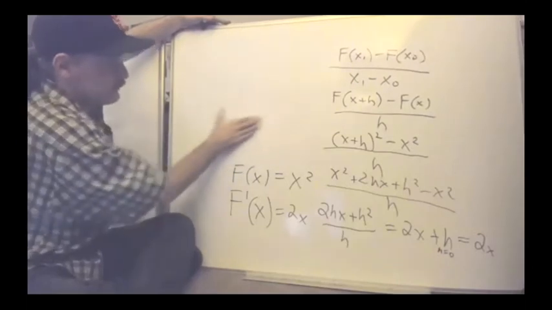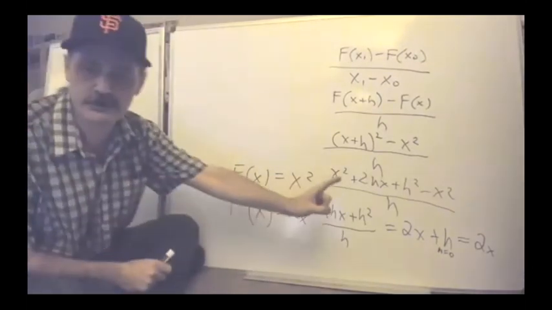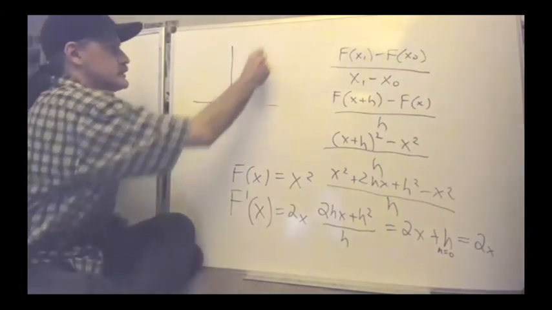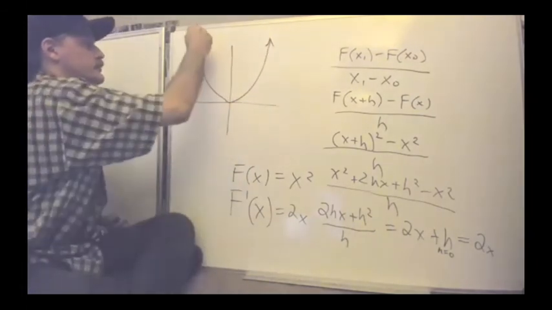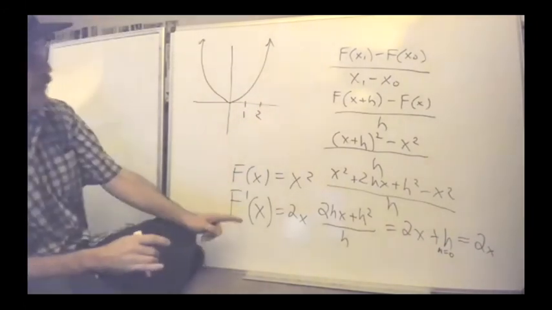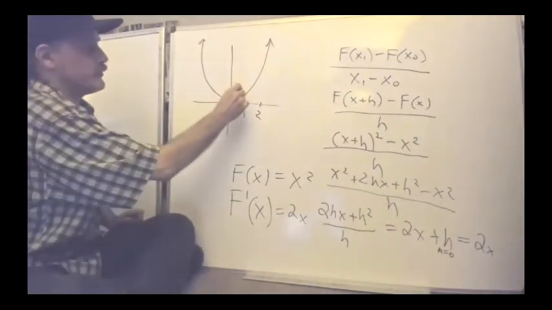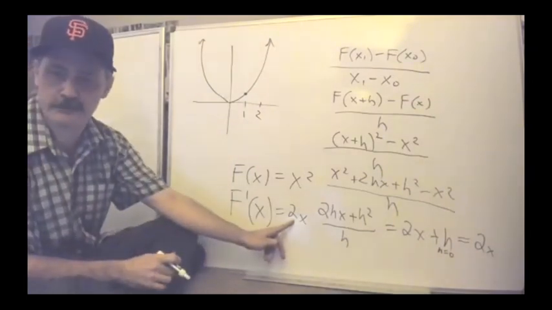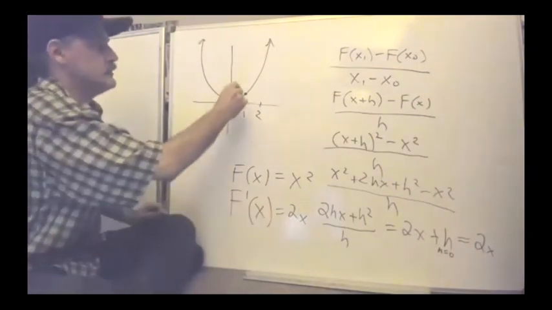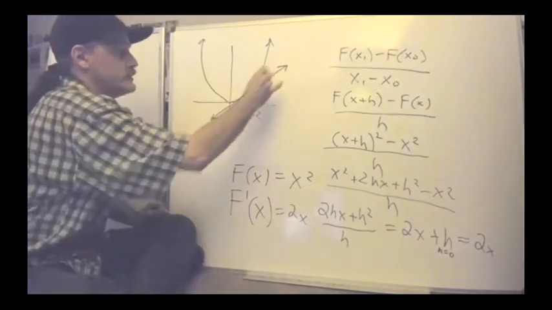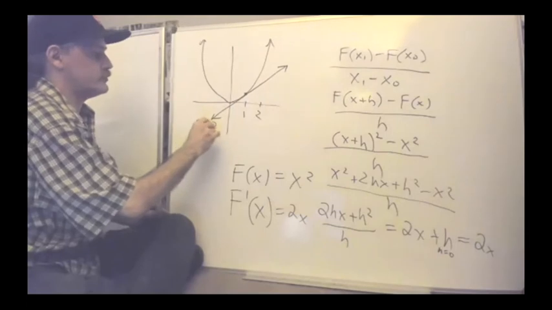So thank you. Okay. So now I'm going to put the x squared graph up here. And I'm just going to sketch this. Okay. So here's our x squared graph. Okay. So here's 1. Here's 2. Well, when x is 1 on the graph, the slope of the tangent line would be 2 times 1. So this tangent line here on the graph when x is 1, that's going to have a slope of 2.